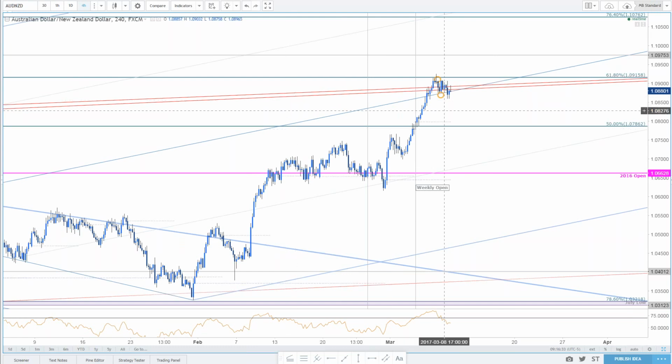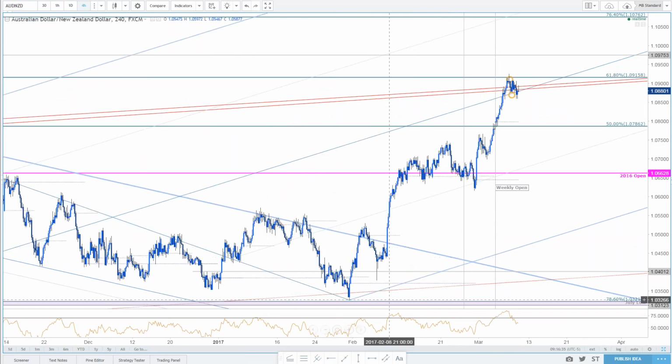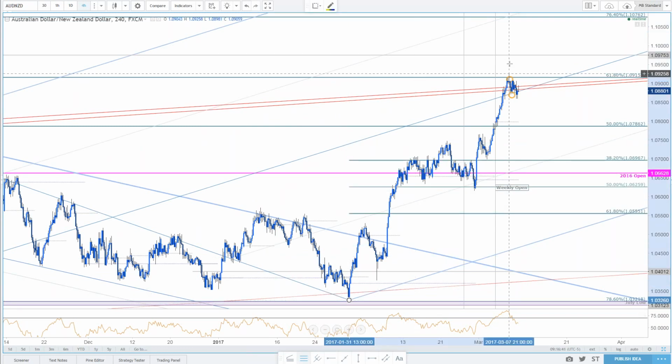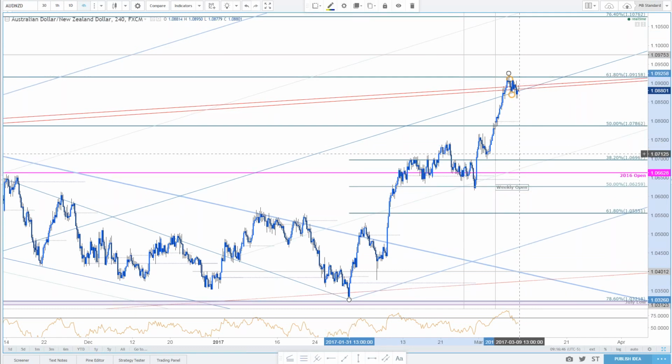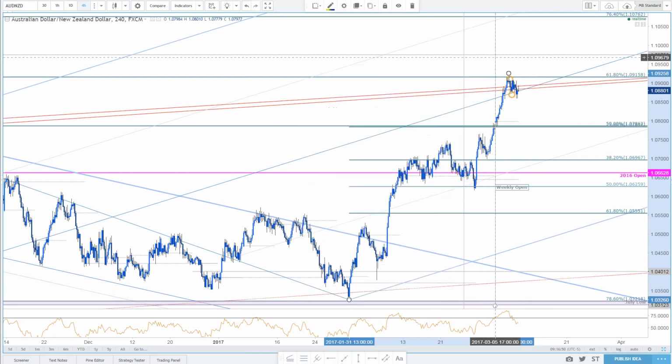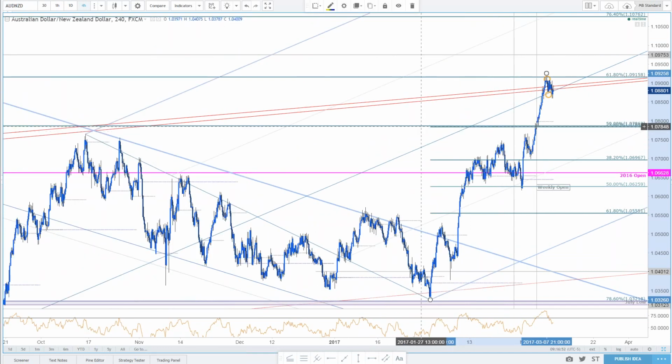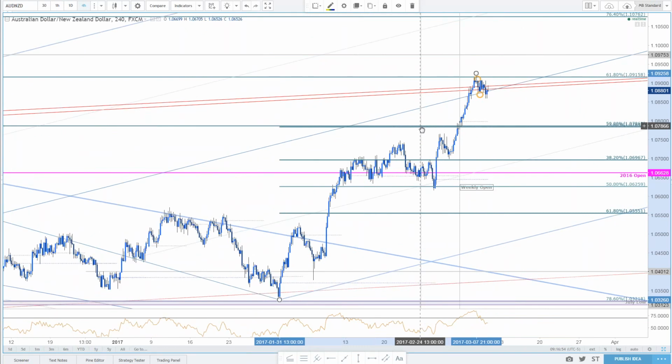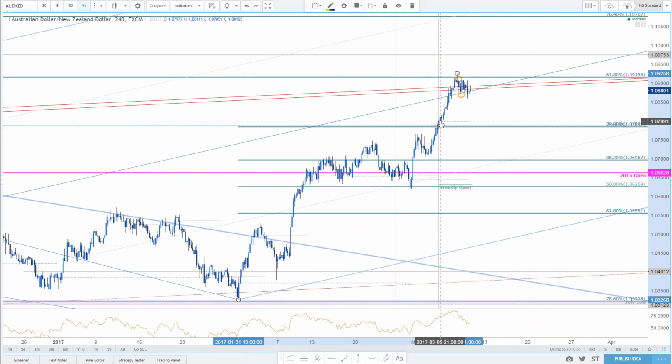Now, once you get a decent downside break, by the way, just jump on this retracement. Let me just add that in, and you'll see when you do that, the basic 23.6 comes right in line with that 50% retracement. So all of that lines up with the weekly opening range low and the weekly open.